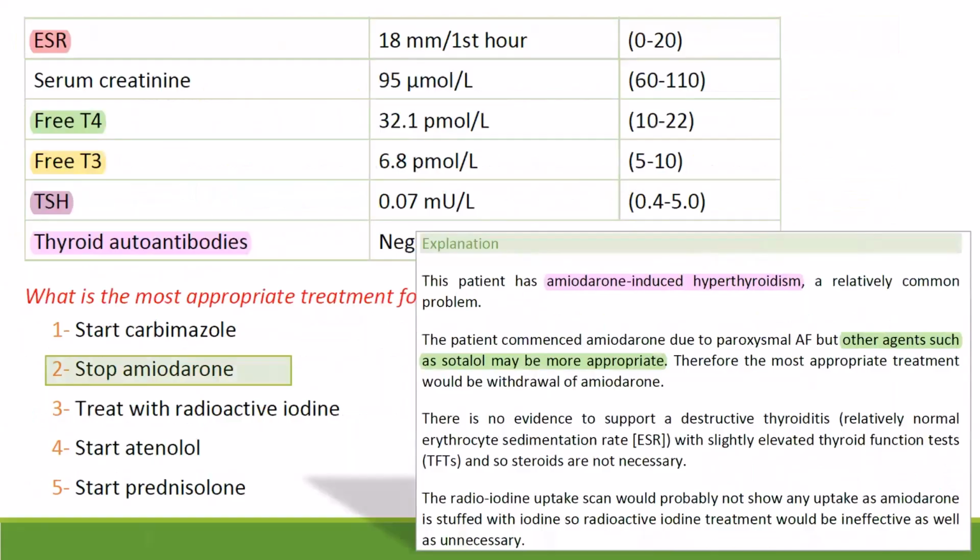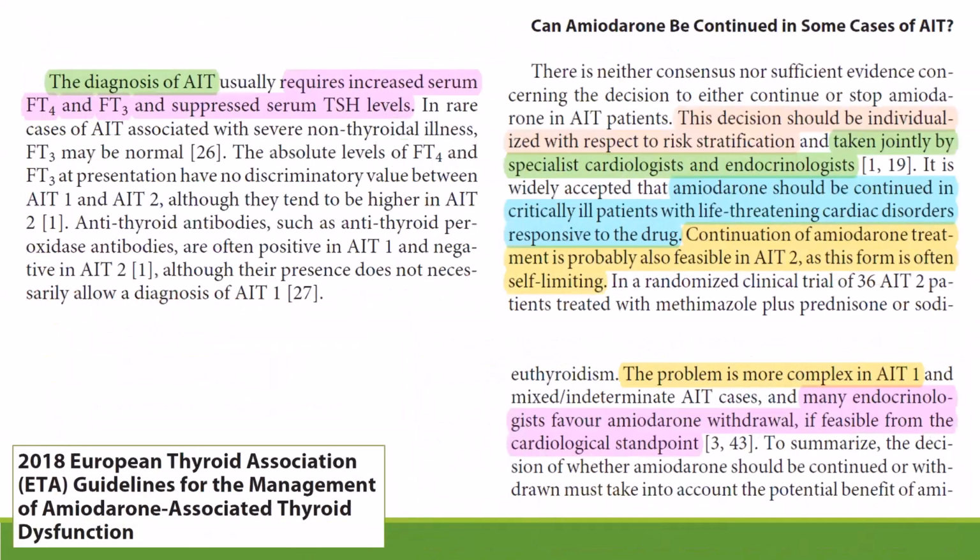And in the guidelines, they give a very important paragraph about whether amiodarone can be continued in some cases of amiodarone-induced thyrotoxicosis. I will discuss it in the next session, inshallah, next Friday. But they mentioned that the decision should be individualized with respect to risk stratification, taken jointly by a specialized cardiologist and endocrinologist.